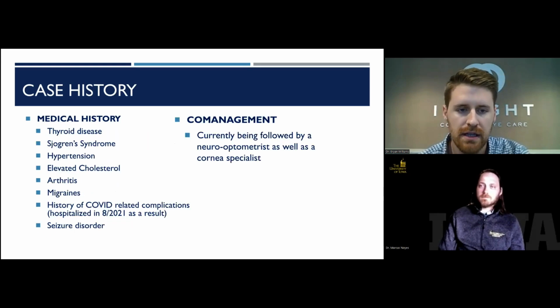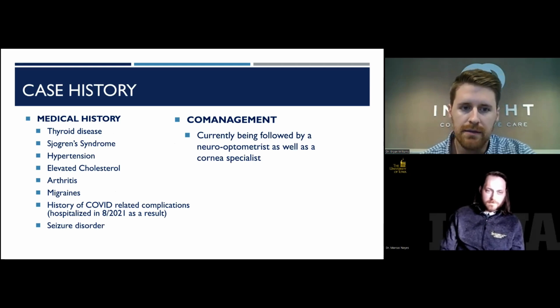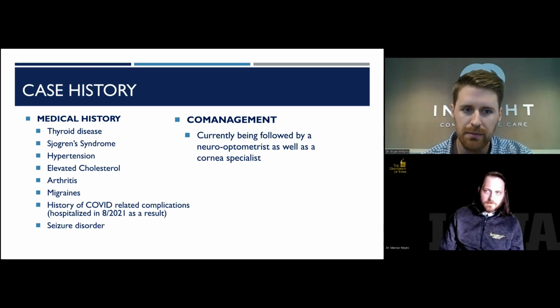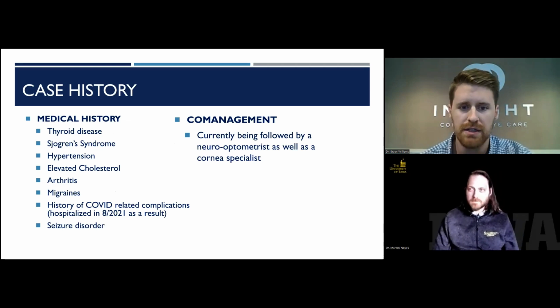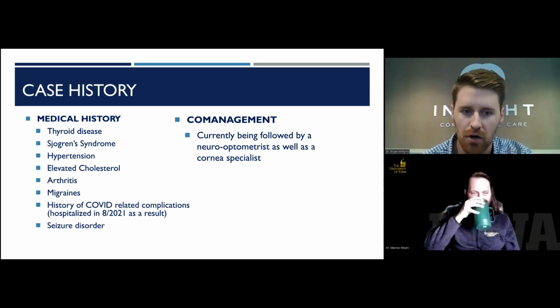You'll go to the next slide. That's the medical history that you can see there. Thyroid and Sjogren's syndrome definitely contributing a little bit to the inflammation and ocular surface disease component in this patient. High blood pressure, cholesterol. One interesting thing of note with this patient is she was actually hospitalized in 2021 for complications related to COVID.